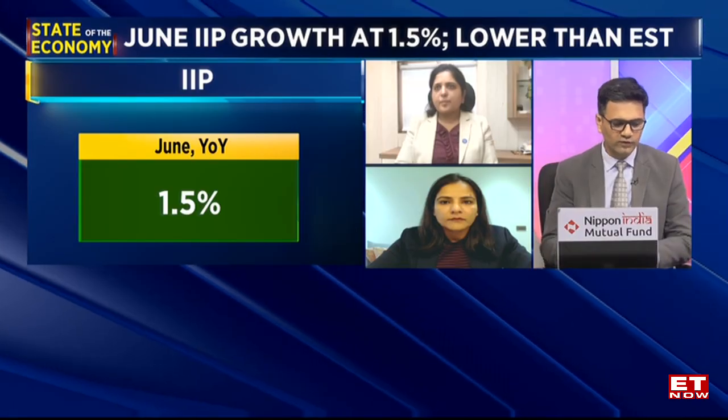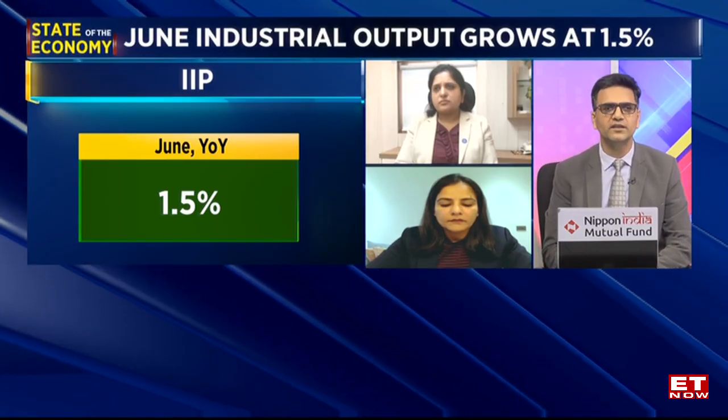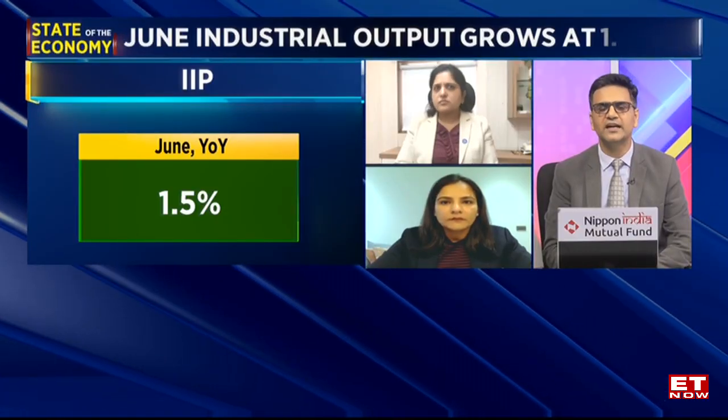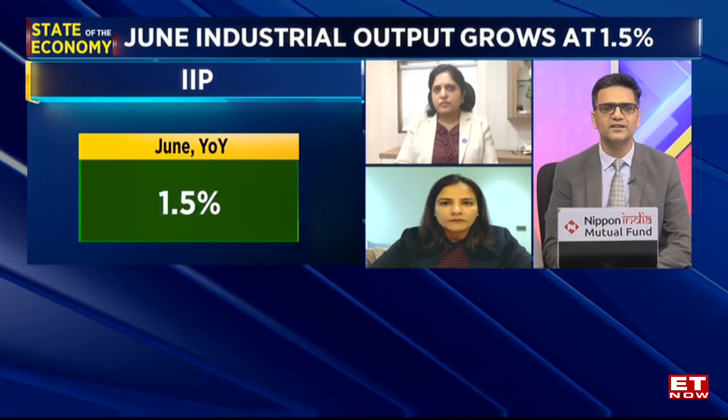And also, if you look at the positive side, capital goods at 3.5%, intermediate goods output growth at 5.5% this time, and infra goods output at 7.2%. So mixed kind of bag coming in for IIP number, but yes, the headline number is 1.5%.